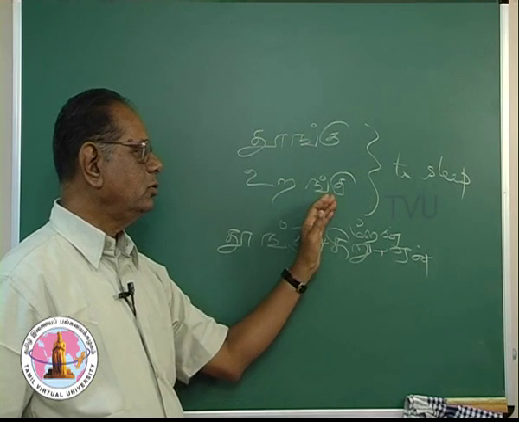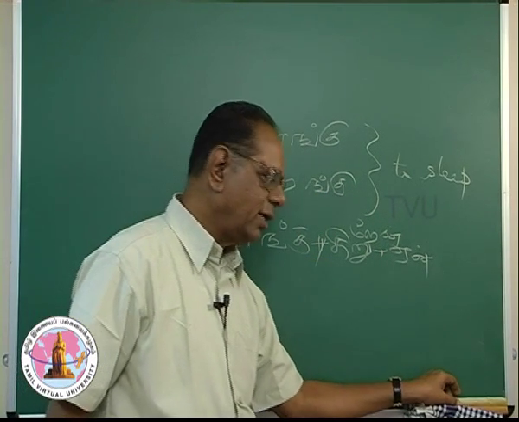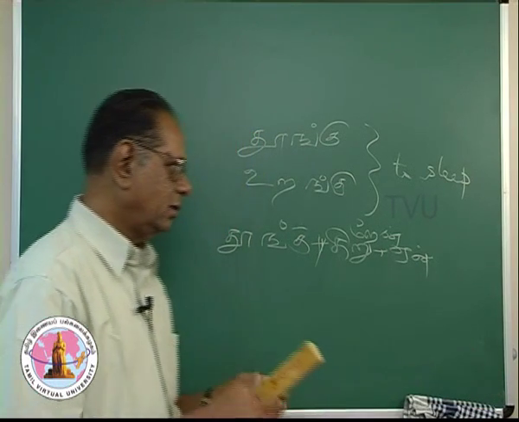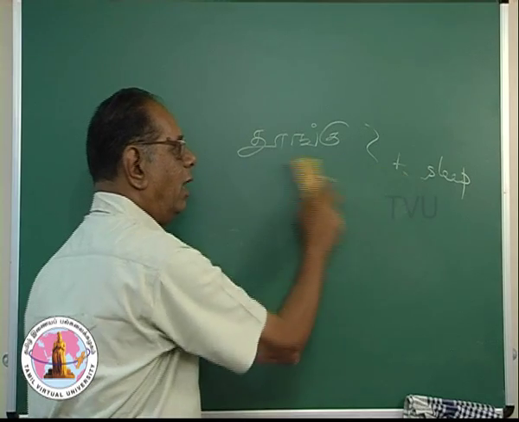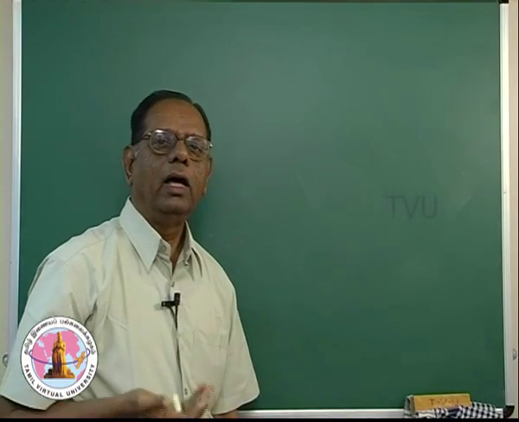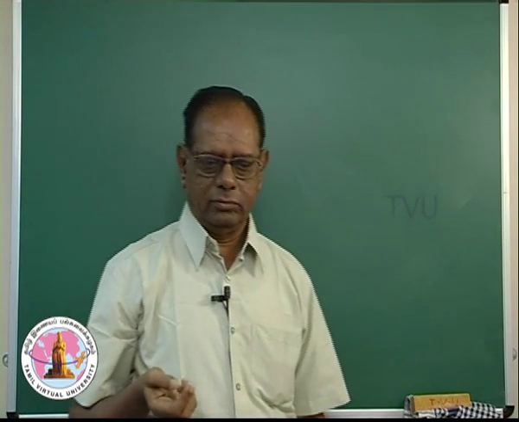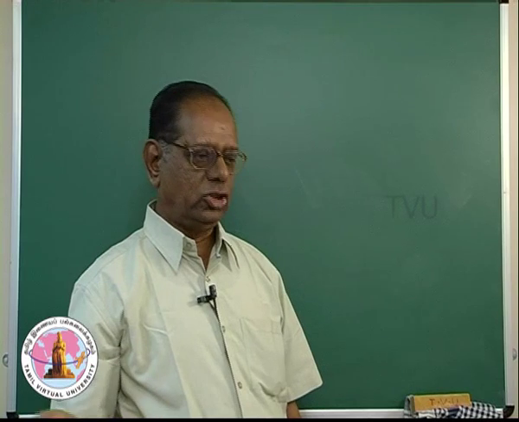I have introduced these two verbs only to make it clear that more verbs are normal and natural in accepting the tense marker. Only there are a few verbs which undergo a change.